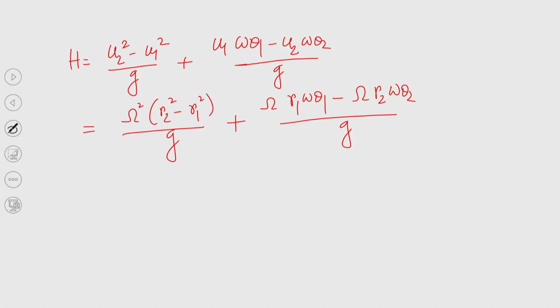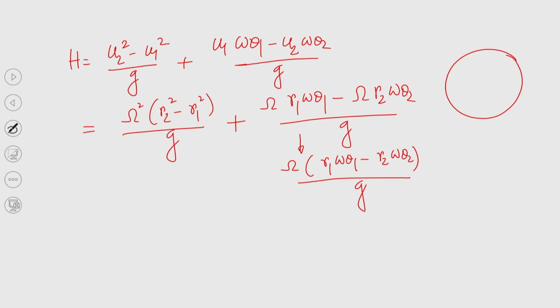So, I can write this quantity, this is nothing but omega into r1 w theta 1 minus r2 w theta 2 by g, okay. So, where omega is the angular velocity.